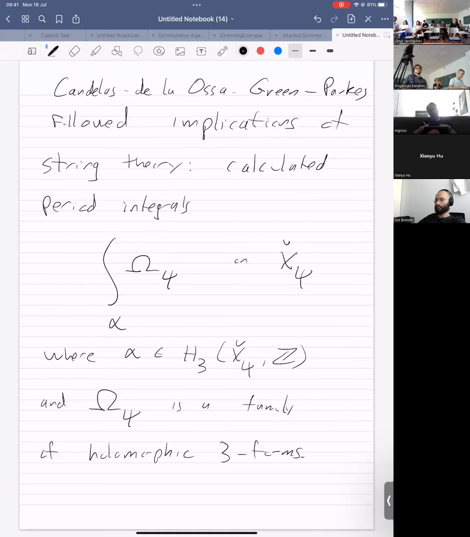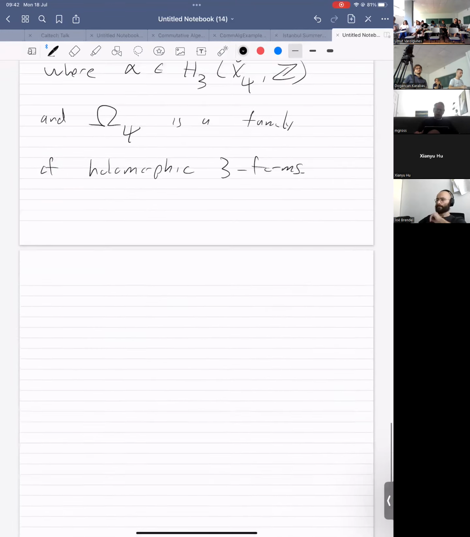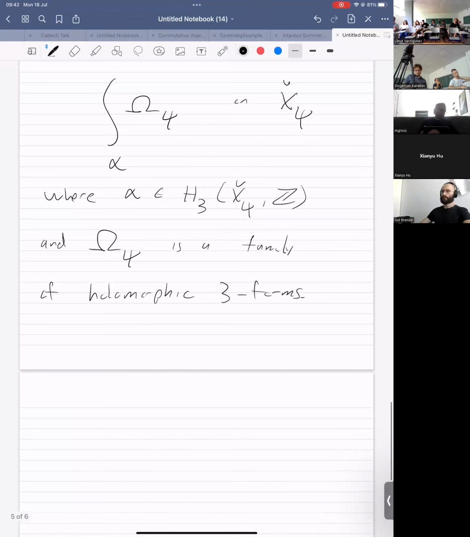So the fact that the canonical bundle is trivial means that you have nowhere vanishing holomorphic 3-forms. So you need to choose for each psi such a holomorphic 3-form, and you calculate these integrals. Now, that's not so easy to do, and what you do with these integrals is then somewhat complicated, but they had a number of miraculous guesses that turned out to be correct.